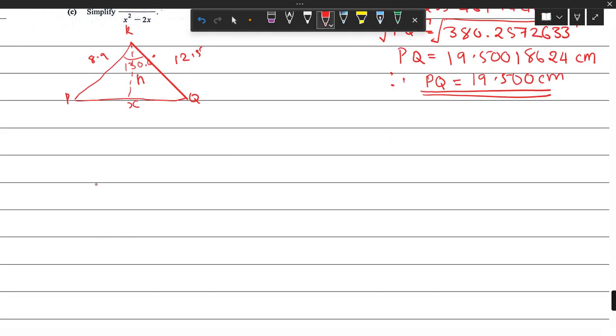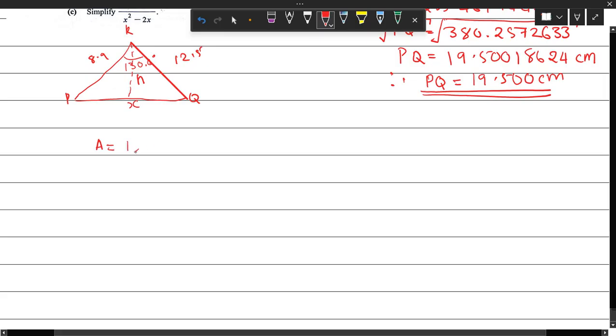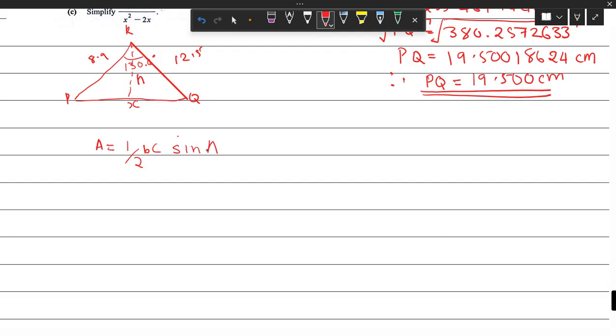So let's say area is equals to half BC sine A. So this is not A, it's in distance, it's the area. Okay, so let me just write it as area.